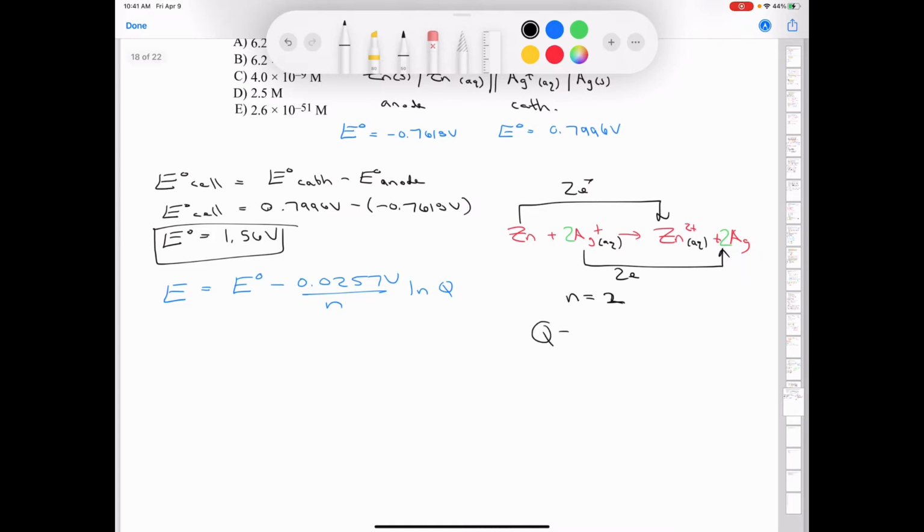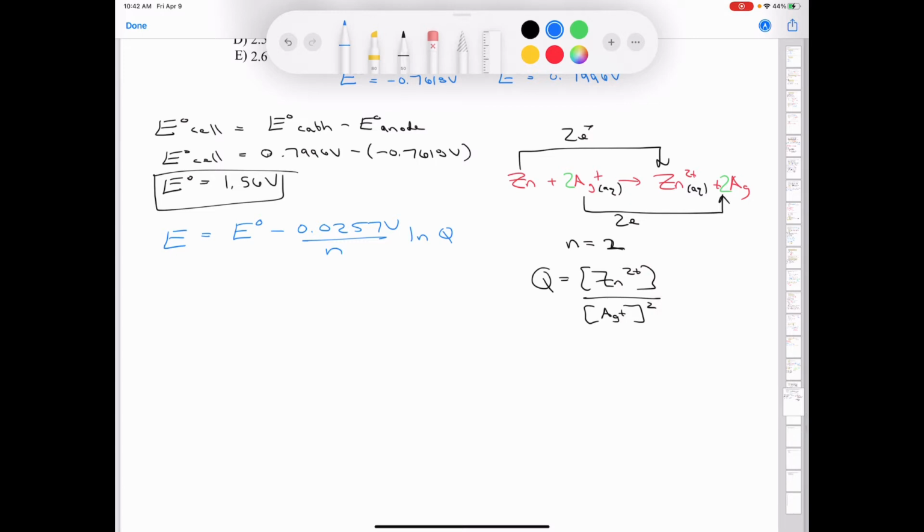And so my Q is going to be equal to the concentration of the zinc 2+ ions divided by the concentration of the silver+ ions squared.